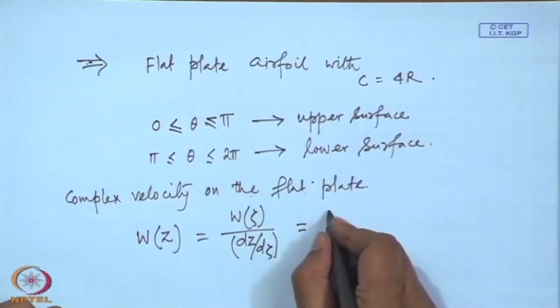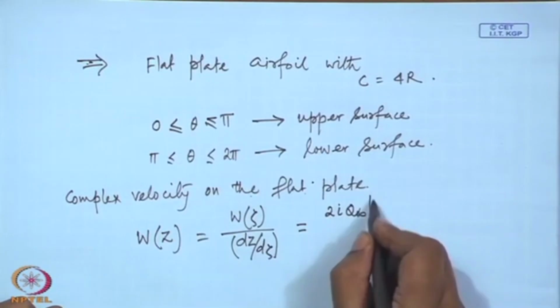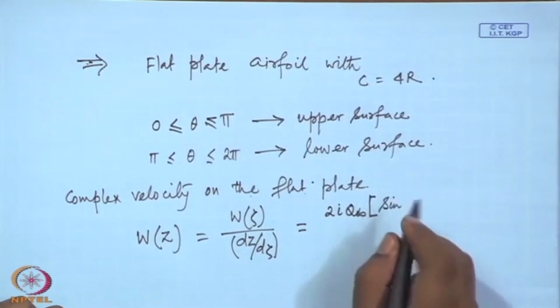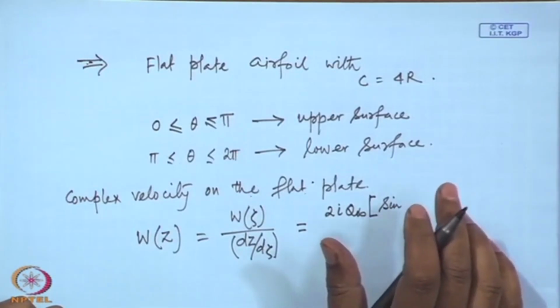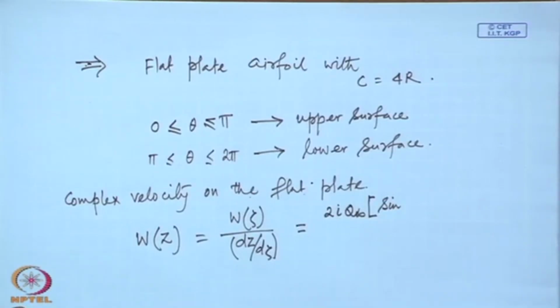You can add that expression 2 I q infinity, it was sin alpha plus beta minus sin alpha minus theta. How much is beta here? Beta is 0. Beta is the angle that the line that joins center to the trailing edge point or the center to the critical point with the x axis. In this case, the center itself is on the x axis. So, that beta is 0.